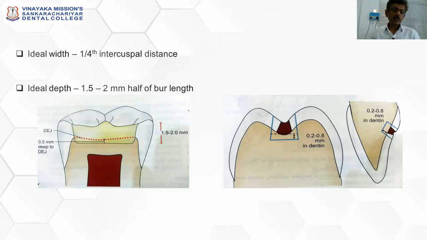So, this being a very sensitive zone, you don't want to keep the material or the cavity margin in this particular area. So you keep it 0.2 to 0.8 millimeters beneath the dentin.